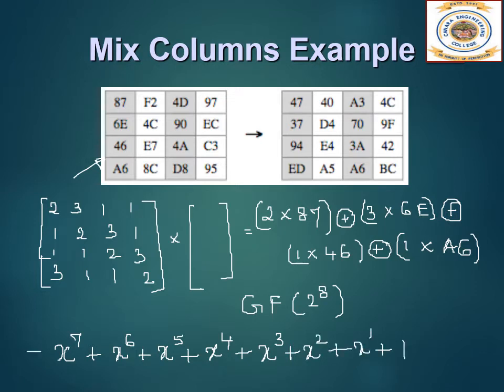And the irreducible polynomial m of x is x to the power 8 plus x to the power 4 plus x cubed plus x plus 1. This is very important, the irreducible polynomial: x to the power 8 plus x to the power 4 plus x cubed plus x plus 1.